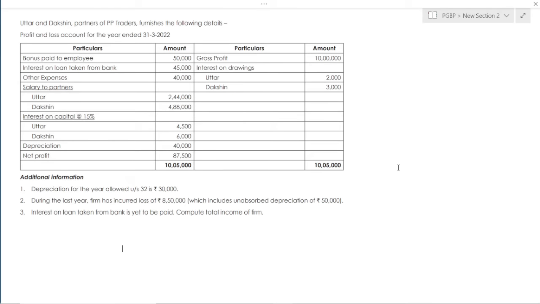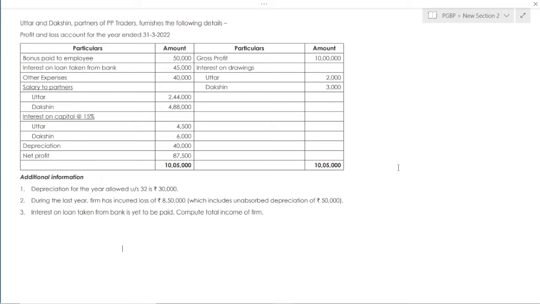So in simple language, 50,000 is unabsorbed depreciation and 8 lakhs is business loss. Then interest on loan taken from bank is yet to be paid. So they did not pay. Okay. Compute the total income of the firm.